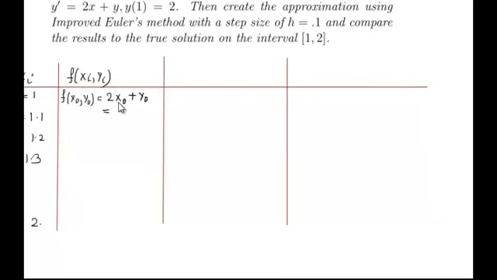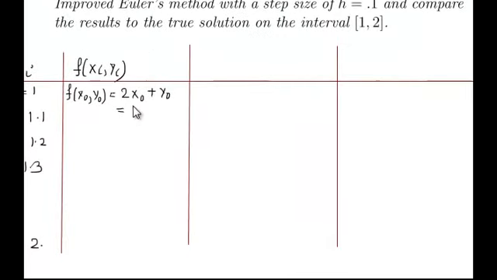So what will I get from here? 2 times x naught is 1, y naught is 2, so 2 plus 2, 4. Then similarly we find x1 y1. Maybe we need x1 z1 first, and those kind of values. So we will fill in those also.